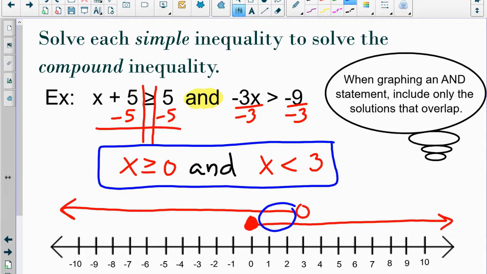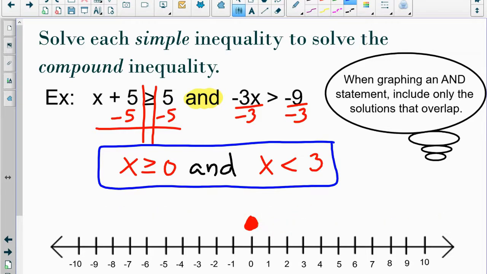So we're going to go ahead and redo this. Now that I know where those two overlap, I'm going to draw my boundaries. I have a closed circle at 0. I had an open circle at 3. And I know that the two overlapped in between.